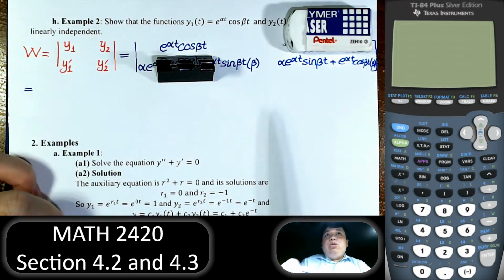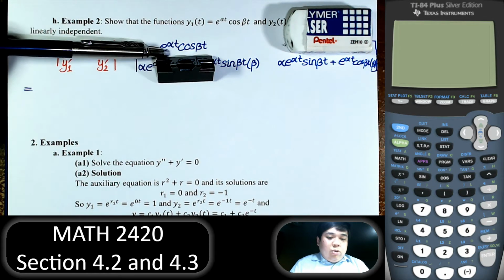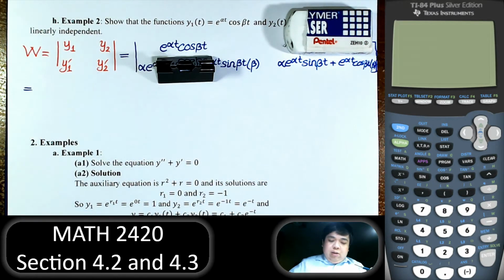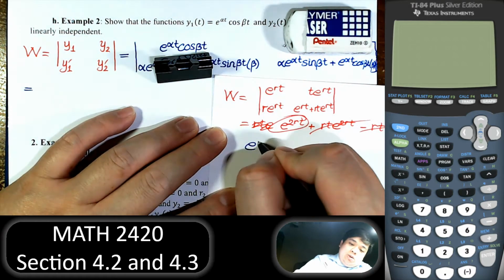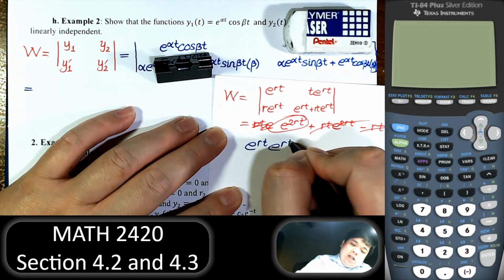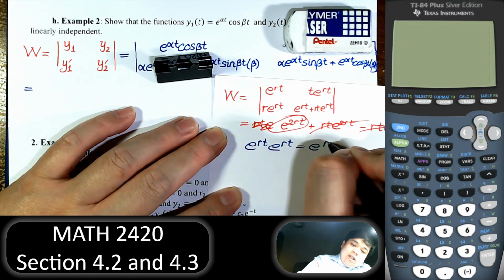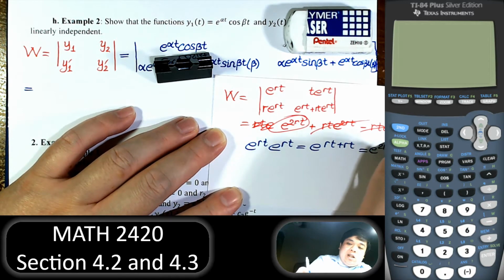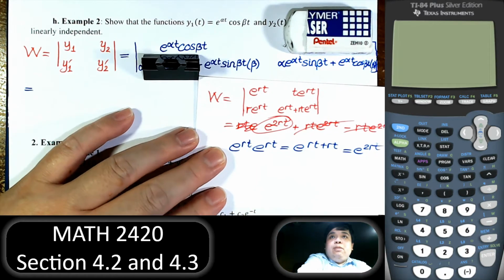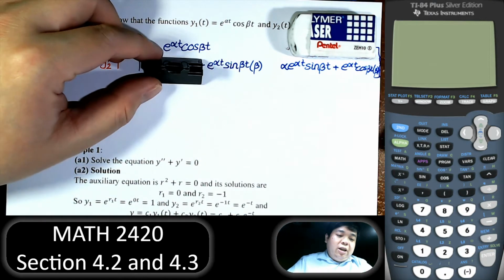Now, we multiply this term by this. By the way, the reason I have e to the 2rt is because e to the rt times e to the rt is e to the rt plus rt, so that gives us 2rt. We do the same thing here.